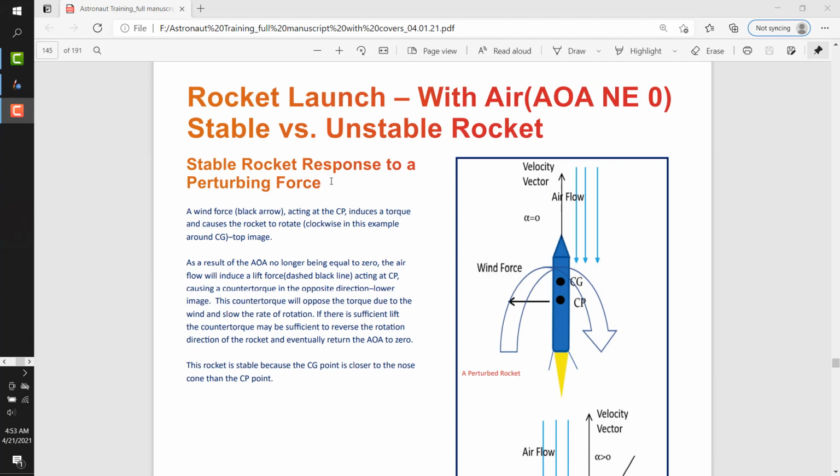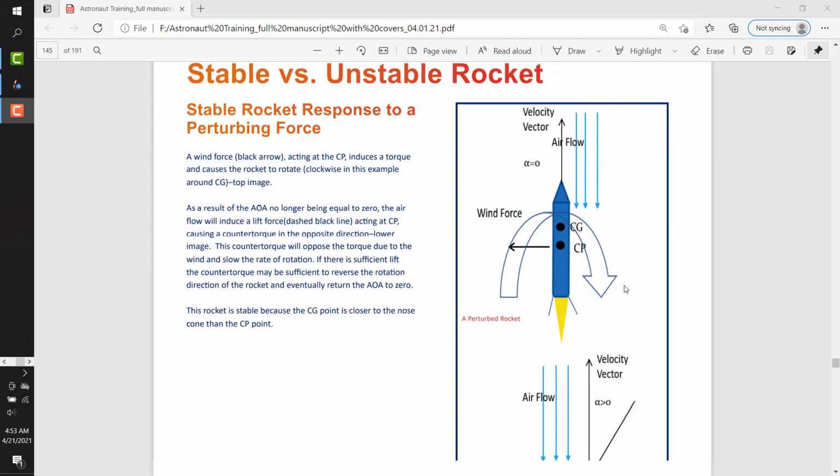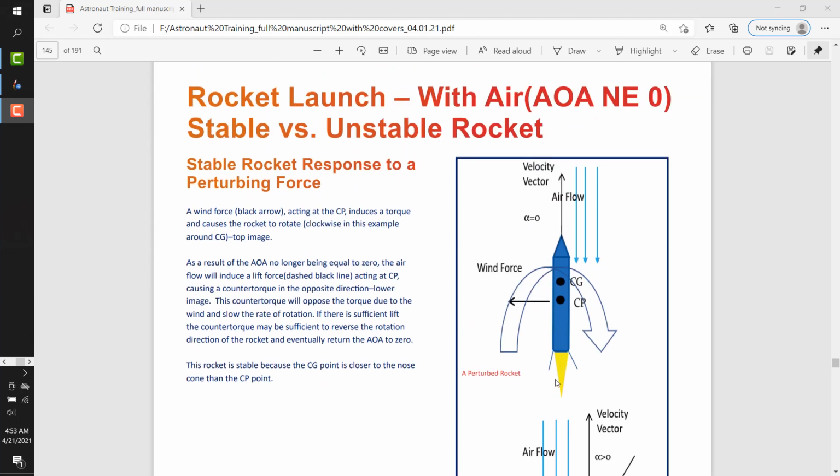Again, we're going to assume the perturbing force is a wind force. Okay, so here you have a rocket traveling upwards and a wind force acts here. This is the black arrow at the center of pressure, causing this rocket to rotate this way.